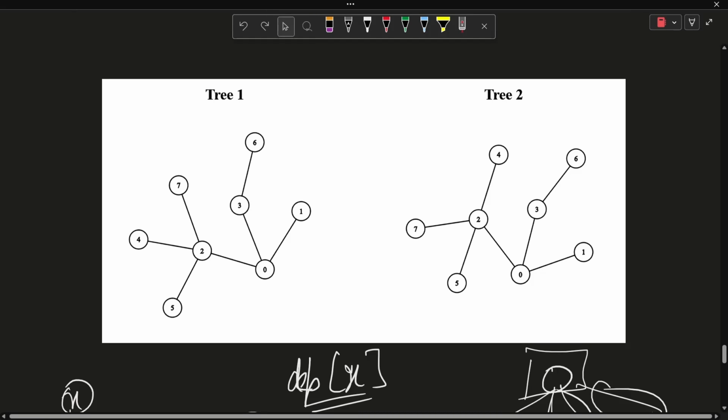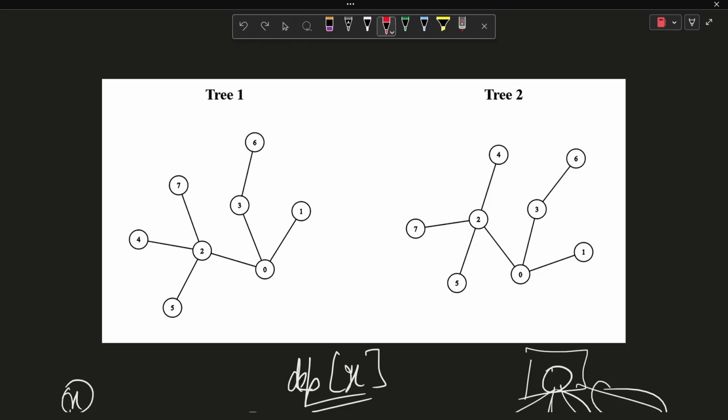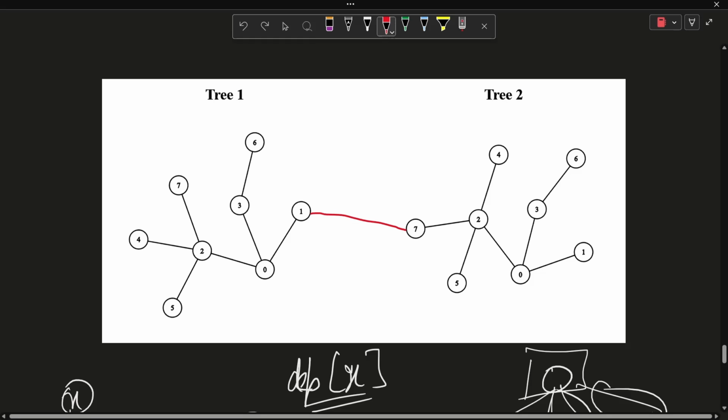Let's just suppose I connected some node of this tree to a node of this tree. Now what would my diameter be? Let's try to think. My diameter would be either the longest path in tree 1, whatever the longest path we had in tree 1, that is the diameter of tree 1.